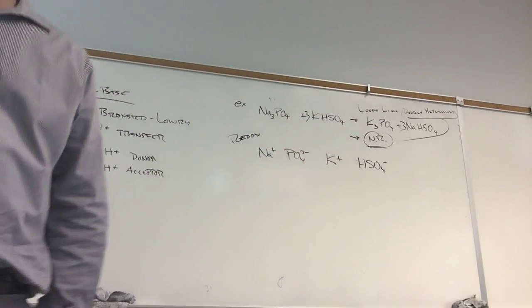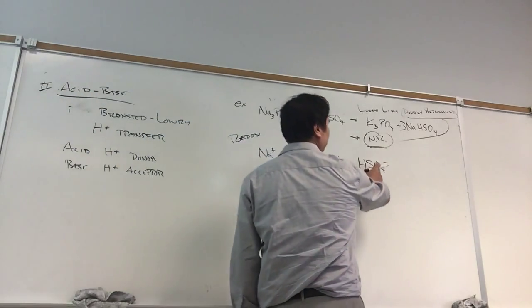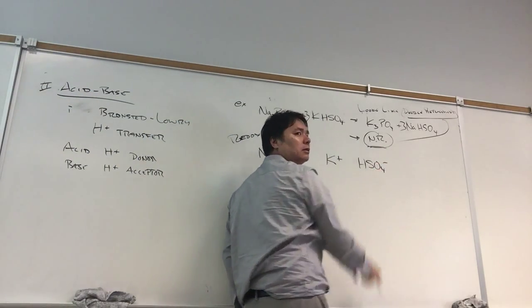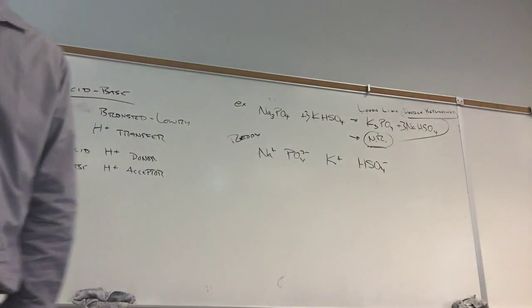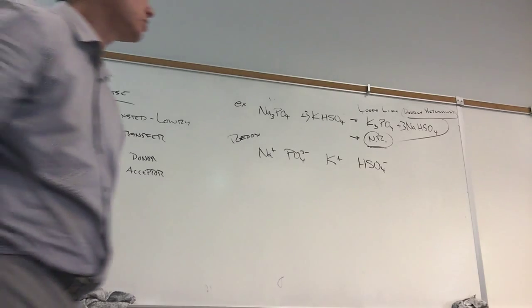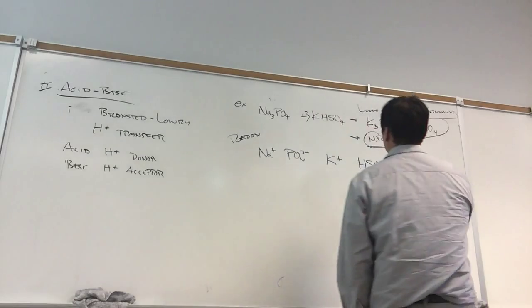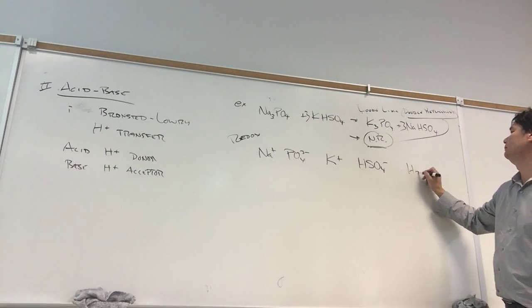Why doesn't the hydrogen sulfate break apart? Shouldn't the hydrogen break off from the sulfate? No. The hydrogen does not break off because hydrogen sulfate is not a strong electrolyte. It's not a strong acid. It's what we call a weak acid. Weak acids only partially dissociate, so we leave it alone. So this is that, and water.